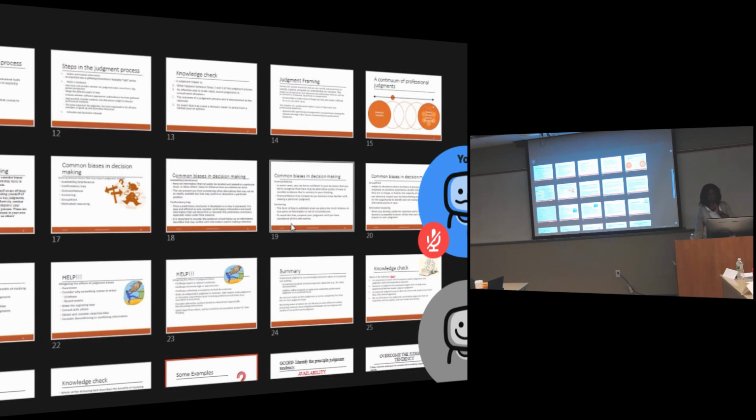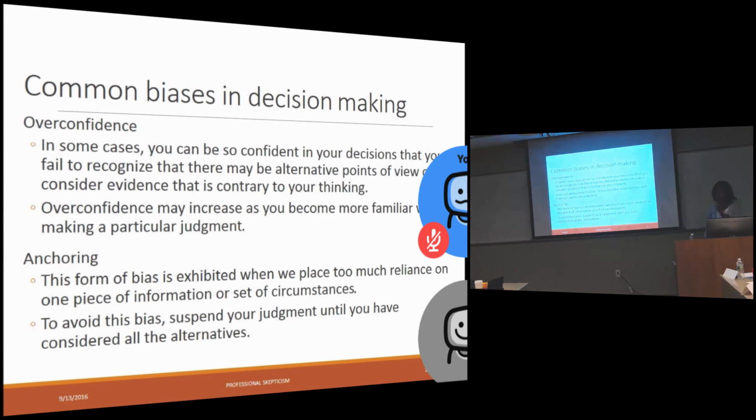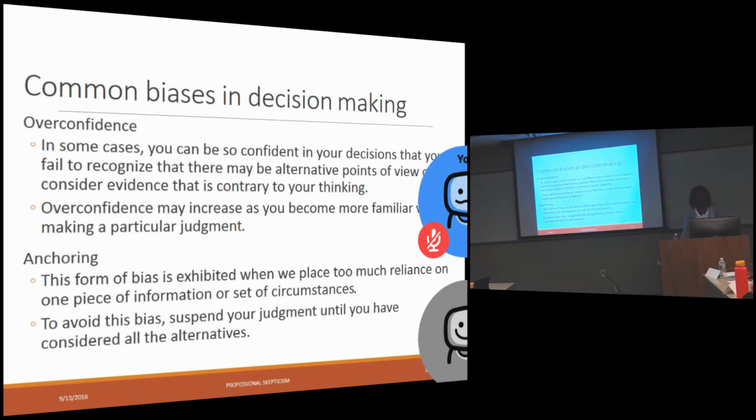Okay, so anchoring is a form of bias when we place too much reliance on one piece of information or a set of circumstances. You should suspend your judgment until you have considered all of the alternatives.